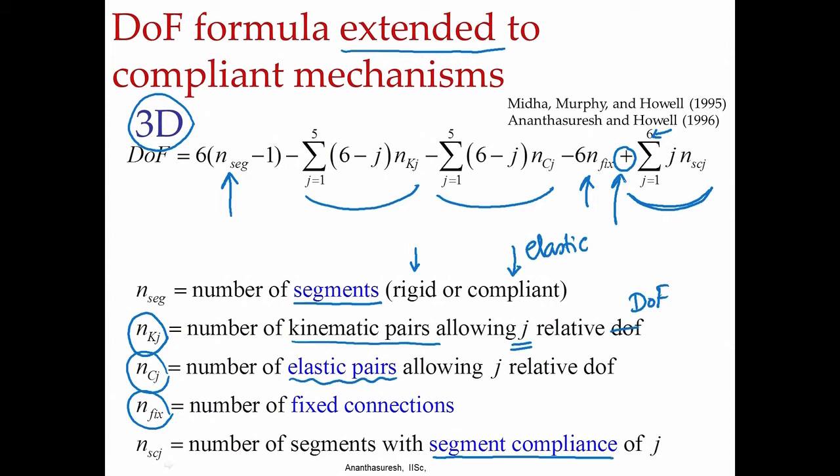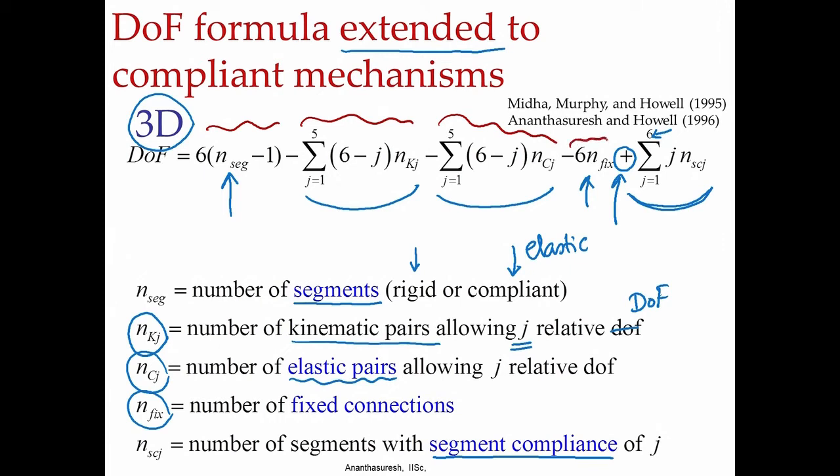Let us look at the formula one more time. The first and second terms are familiar. Only thing is now we count the segments that include both rigid and elastic. This part was there in Grubler's formula, and this one we add because in a compliant mechanism there could be elastic pairs which act just like kinematic pairs, but have elastic degrees of freedom.